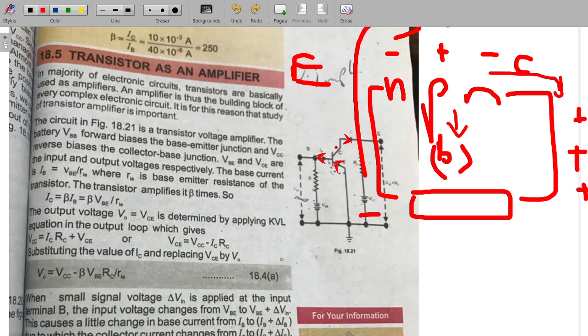Now, if we understand this much, we can find out that the output voltage is also given by this relation, VCC minus ICRC. And using this output voltage value, we can also substitute the value of the collector current, which we found from here, which was the amplified version of the input voltage, or input current, or base current, in simple words.